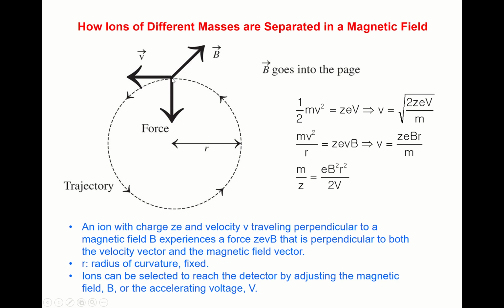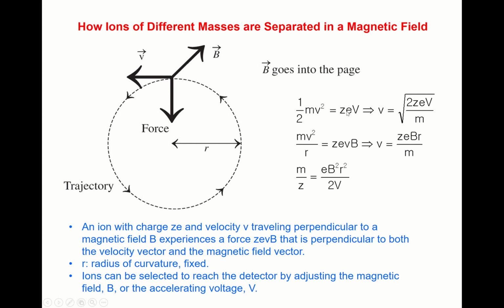The velocity is v. They are all vectors. The kinetic energy of the charged species equals zeV, where z is the charge number of the particle and eV is the potential energy.